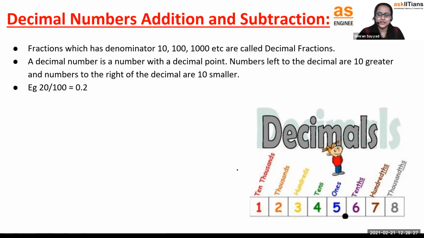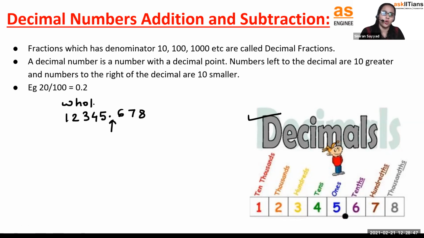Before that, one more interesting and important part about decimals is this. This is a decimal point. Suppose they have considered a number 1, 2, 3, 4, 5, there is a decimal point here, 6, 7, 8. So this is the decimal. In the first class we have discussed this.